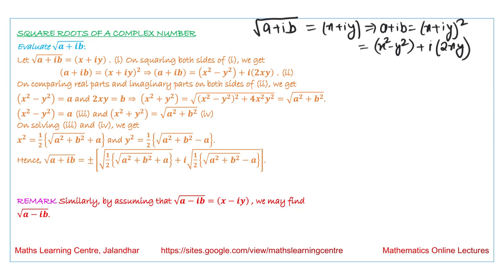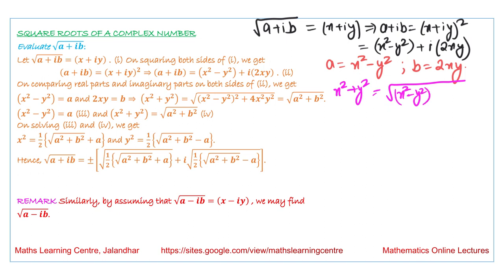So this gives us two equations. One is a equal to x² − y², and the second is b equal to 2xy. Now we require the values of x and y, and to calculate them we use the formula that x² + y², we know, is equal to the square root of (x² − y²)² + 4x²y².